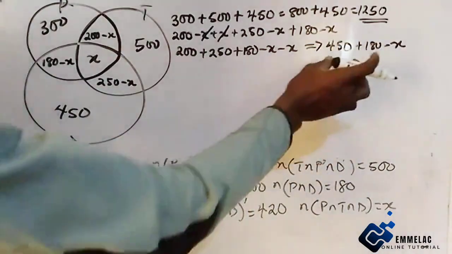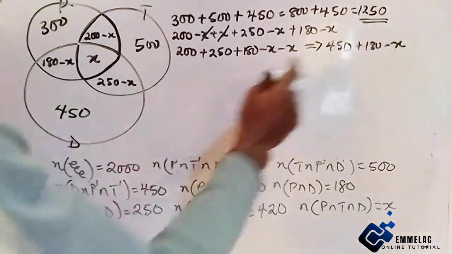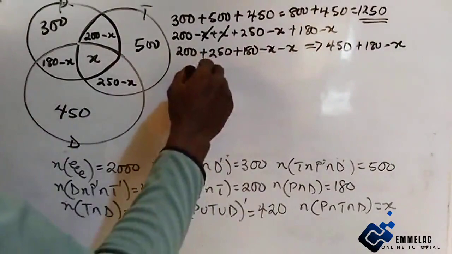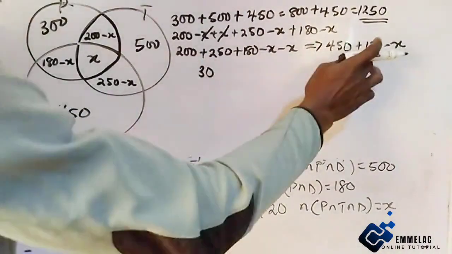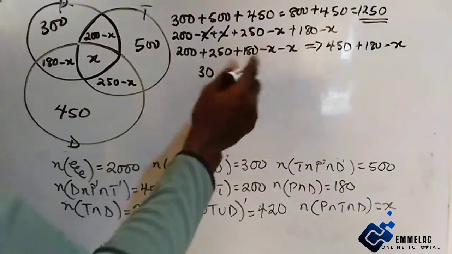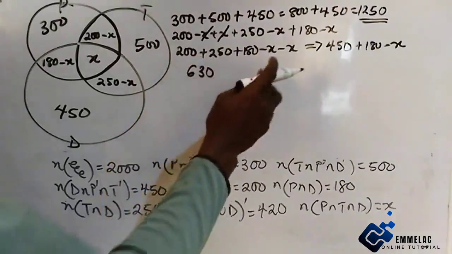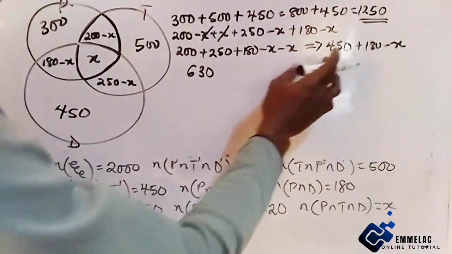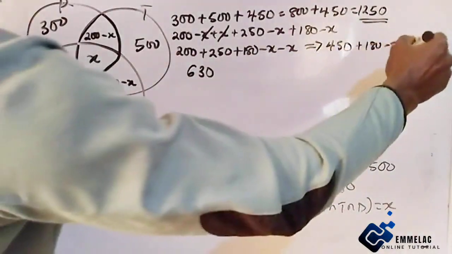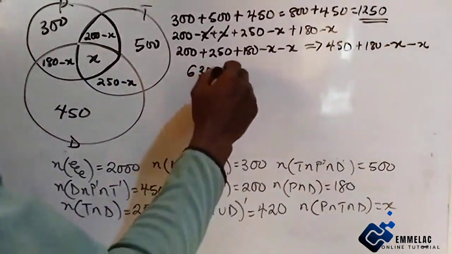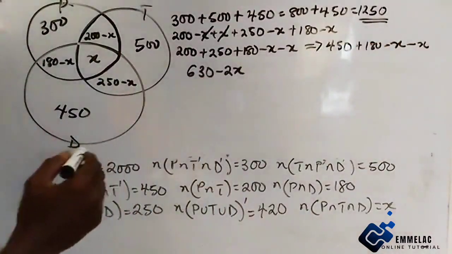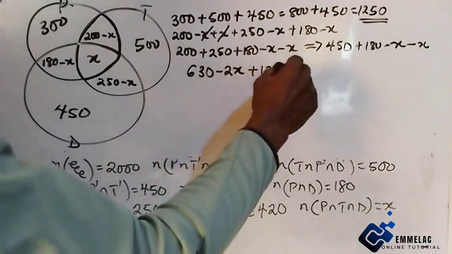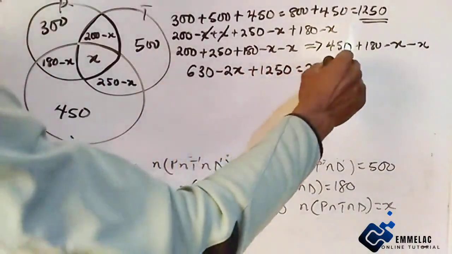So 450 plus 180 gives 630, and the X terms give minus 2X. Now plus 1250 equals 2000.